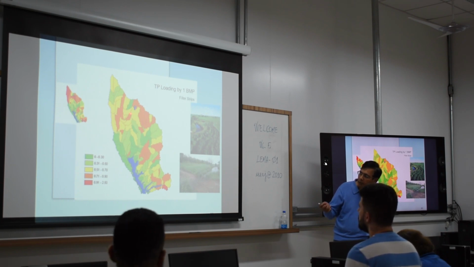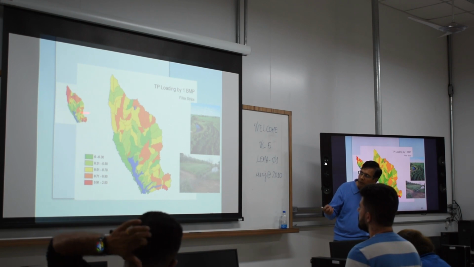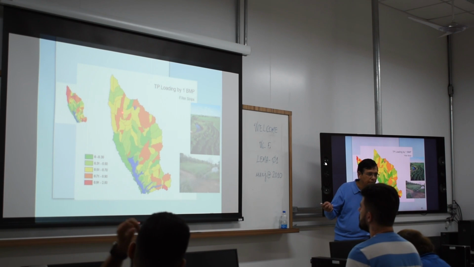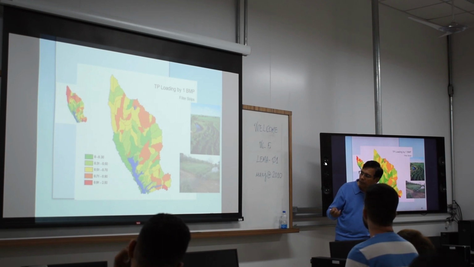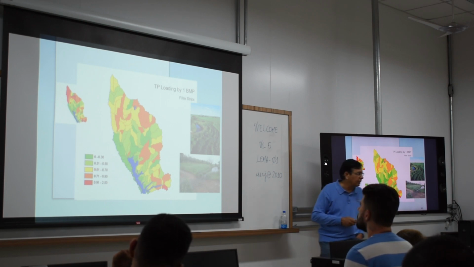For example, some of this dark red area, which used to be higher, is now in the medium low. So it went from 0.9 to 2.5 kilograms down to 0.5 to 0.7 by adopting the filter strip.